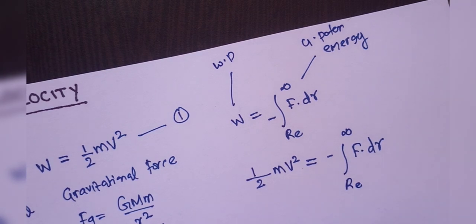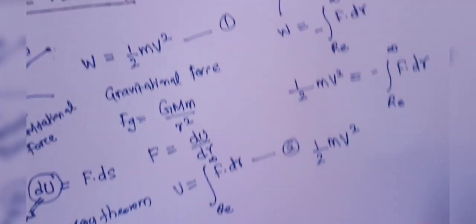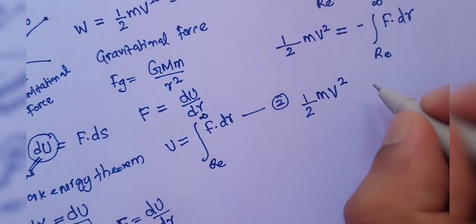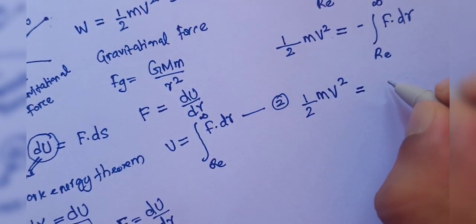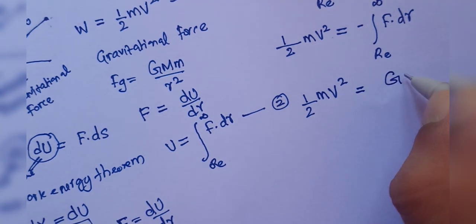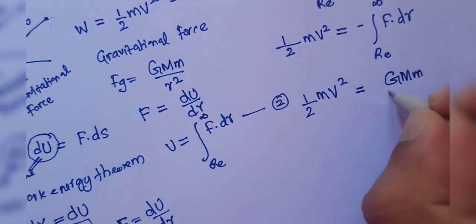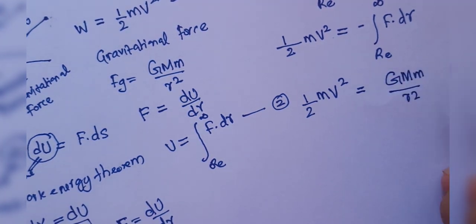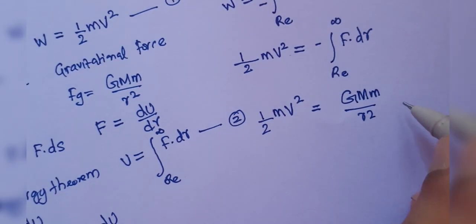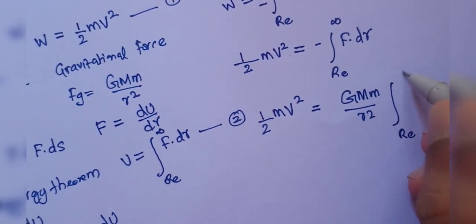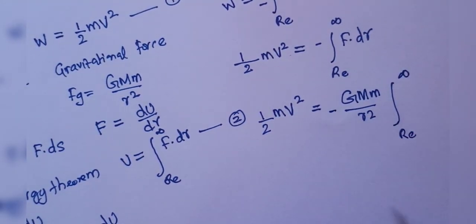So we write half mv square is equal to GMm by r square, integral from Re to infinity, and you put a minus sign over here because the work is done against the gravitational potential energy.